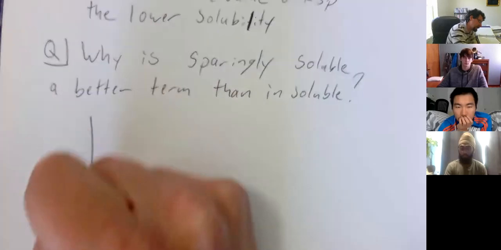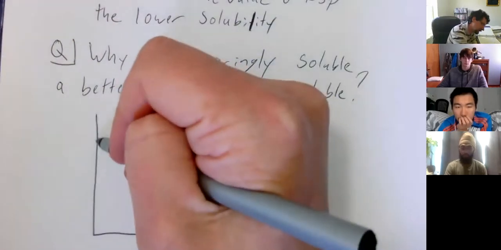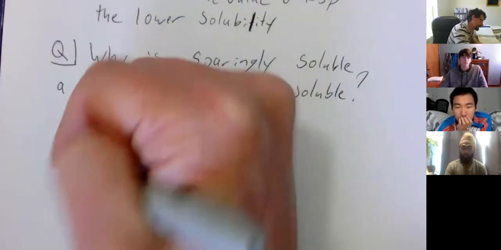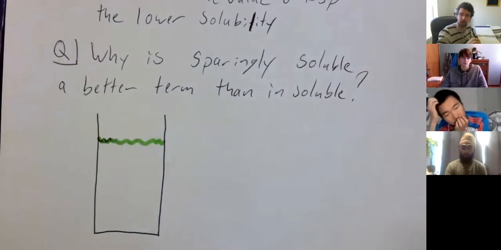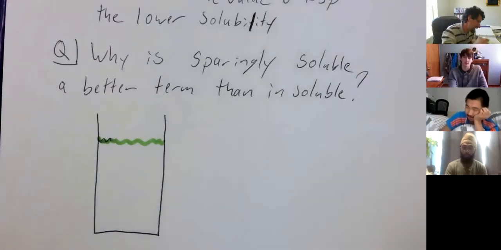So let's say we have a solution. There's some water here. We'll say it looks green. Someone tell me an insoluble salt or a sparingly soluble salt. Give me an example of one. Lead chloride. Yeah, lead chloride.